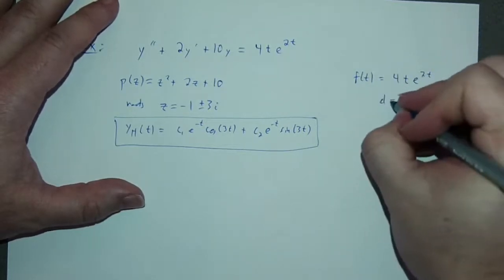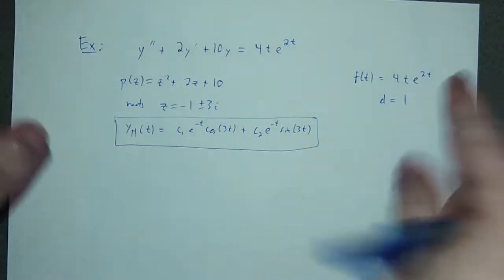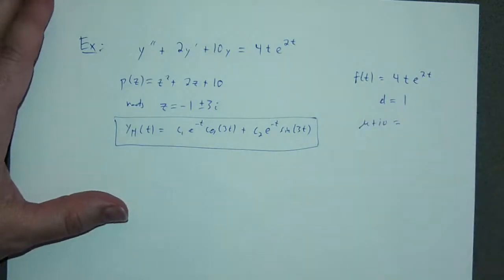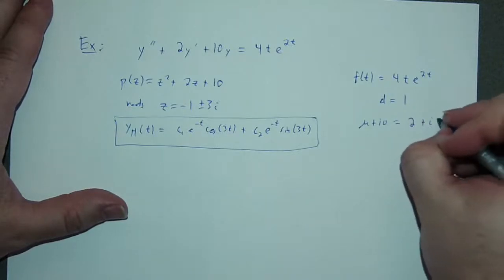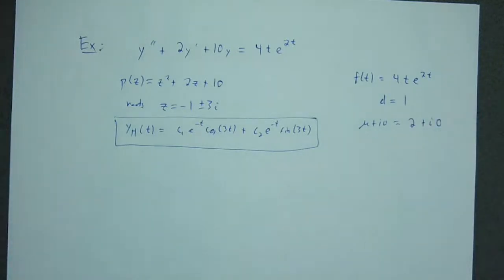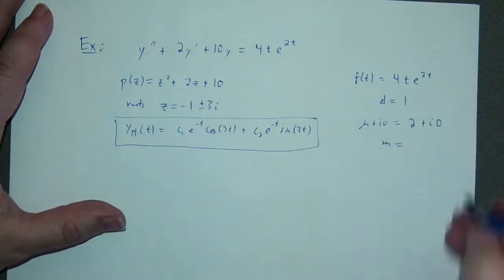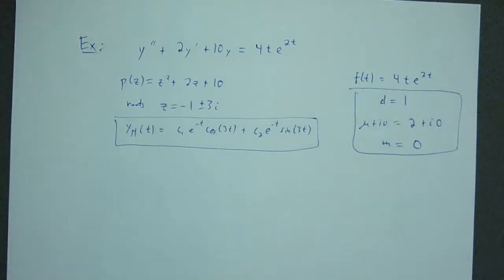So we finally are doing one where the degree is 1. The characteristic mu plus i nu is what? E to the 2t here, so this is 2 plus i times 0, so it's just 2. It's a real characteristic. What's the multiplicity? Well, 2 is not a root of this characteristic polynomial, so the multiplicity is 0. Let's review what the key identities process says.